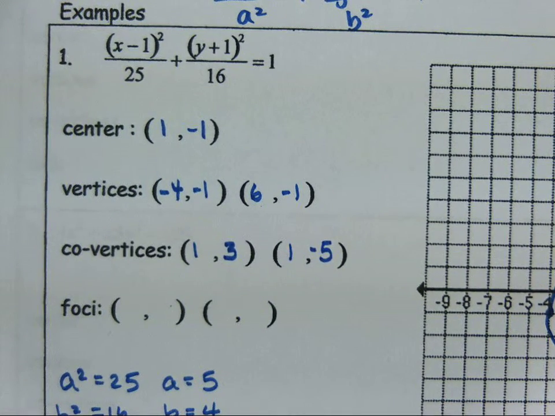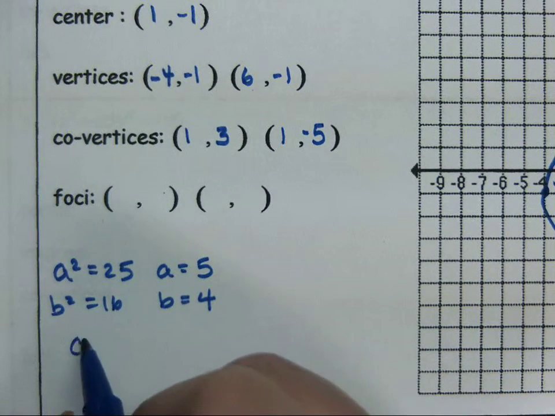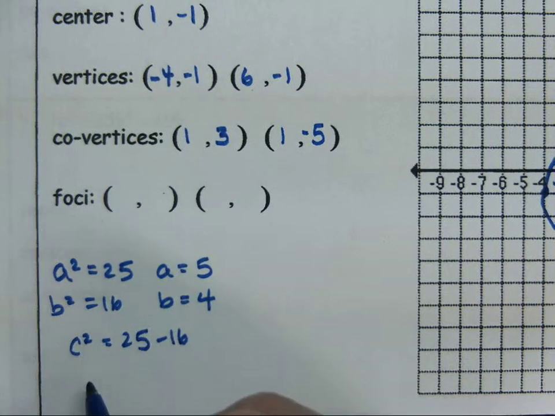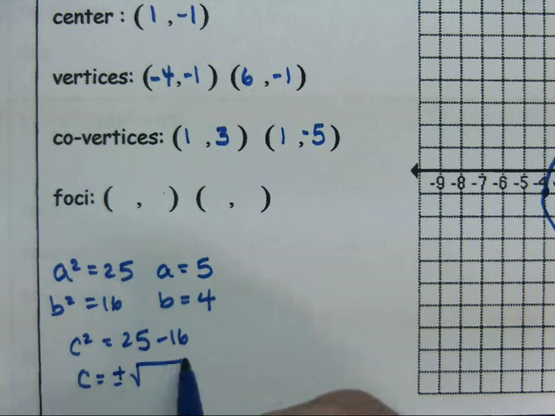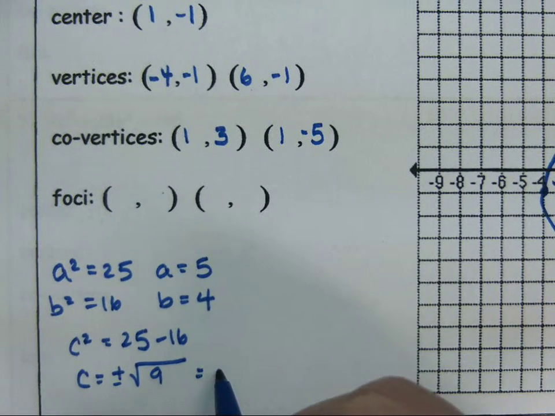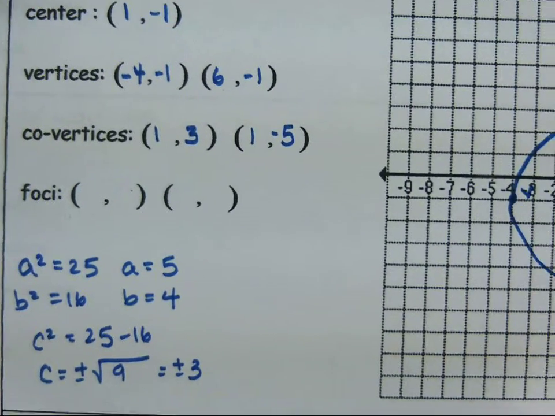And again, I need to find my foci. So that's going to be c squared equals a squared minus b squared. And so the difference here is 9, and so c is going to be plus or minus 3. What that means is that I'm just going to add 3 to both sides, to the right and the left of my center.